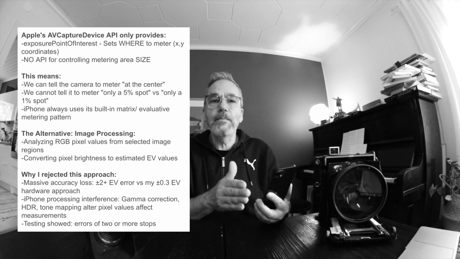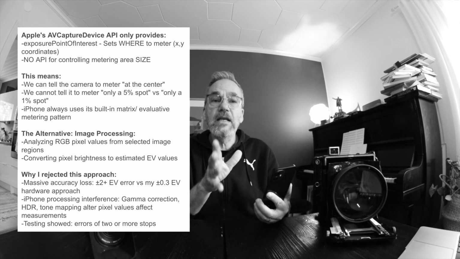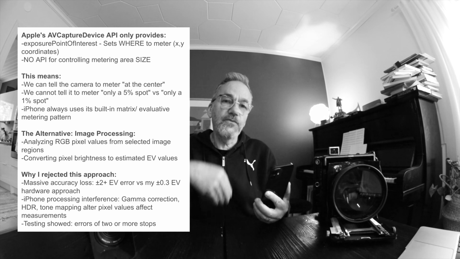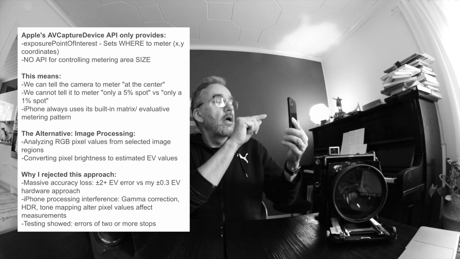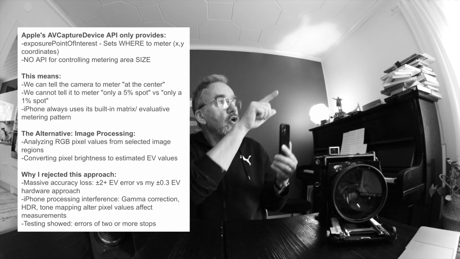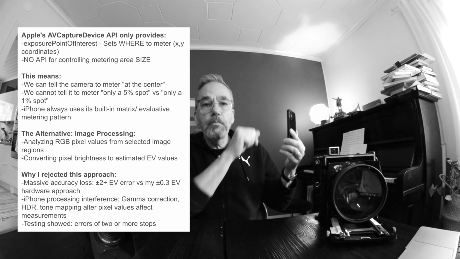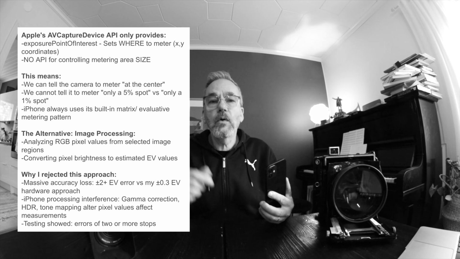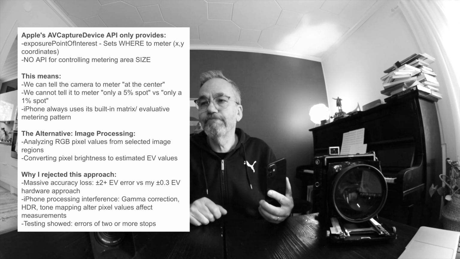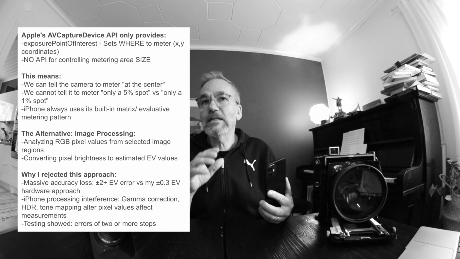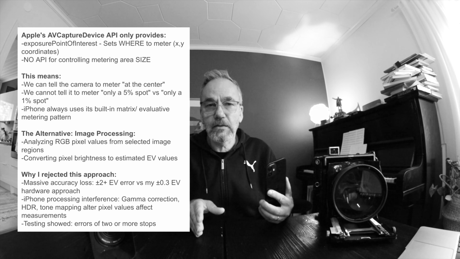Apple once again limits the way of dealing with the image flow as a third-party developer. So if I want to measure the light from a certain spot, I need to analyze the exposure I've already done, and that makes it significantly less accurate. So you can't really create an accurate spot meter with iPhone hardware.